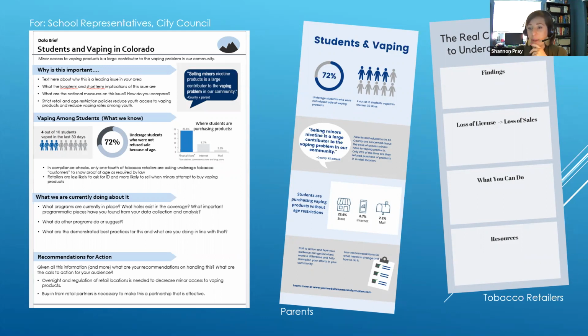Here is my parent comment, and then I have some information about what's going on and a little bit more detail about that. Again, here we took that icon graphic about where students are getting things and made it really easy to determine. Here's a store, here's on the internet, here's the mail, and an easy to understand title.